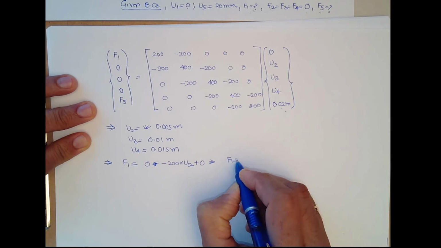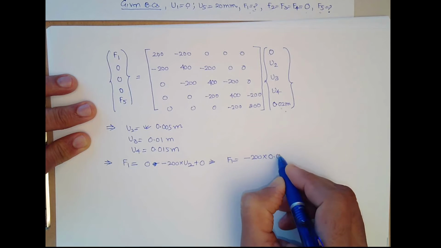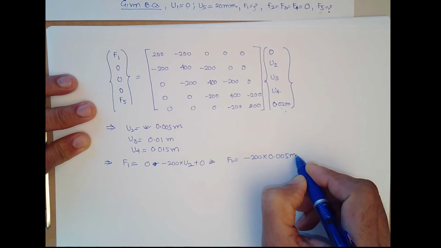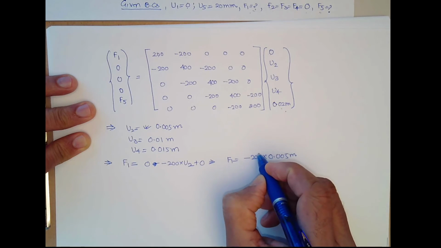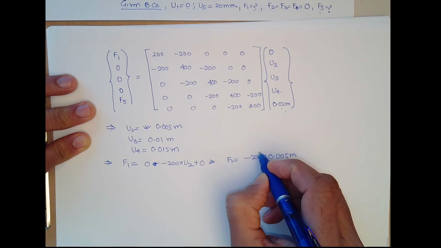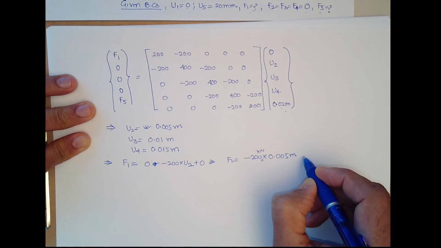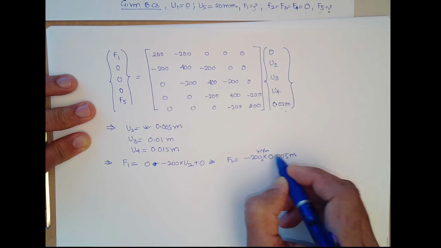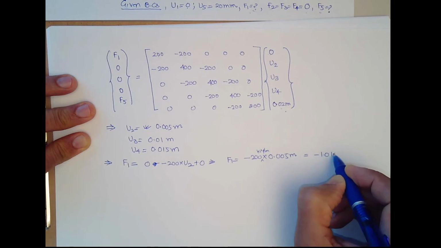That is, F1 is minus 200 into u2, with u2 being 0.005 meter, and 200 is kilonewton per meter. So the meters cancel, and it is coming to be minus 1.0 kilonewton.